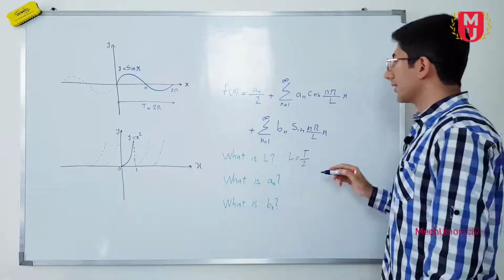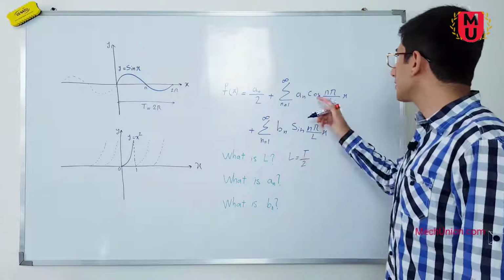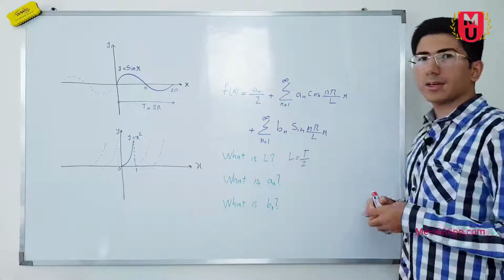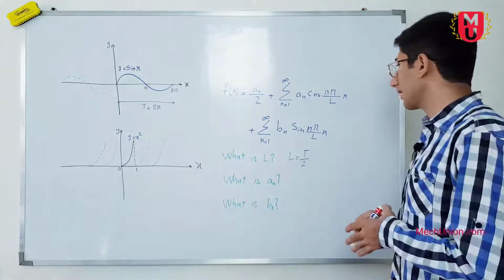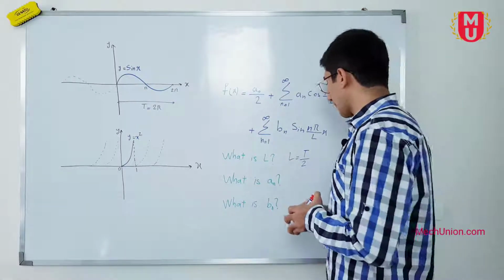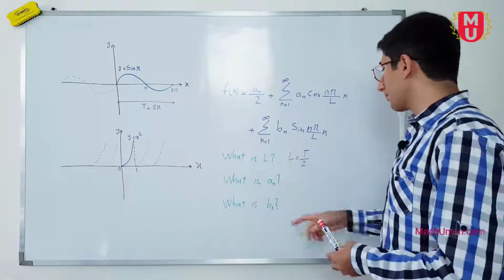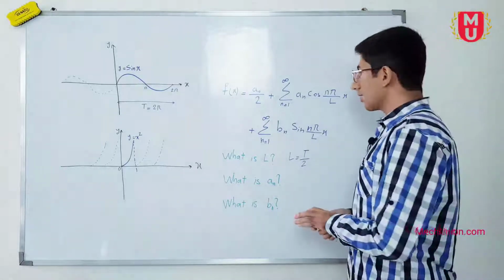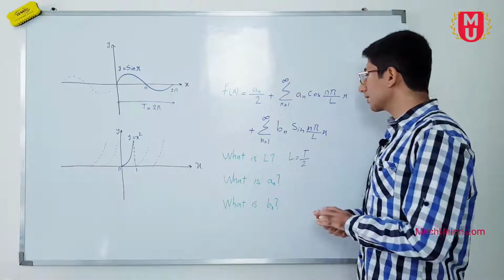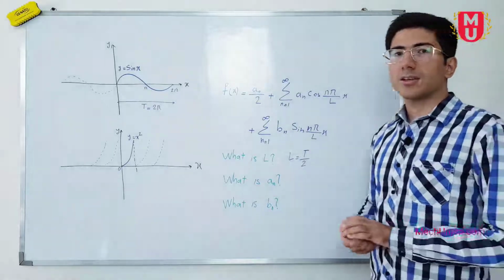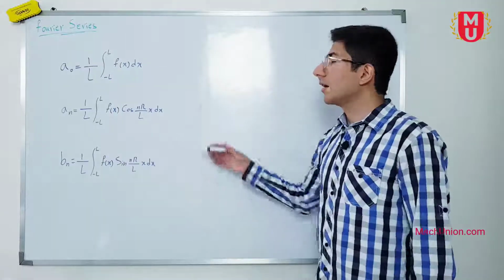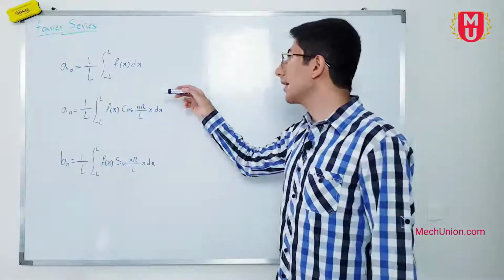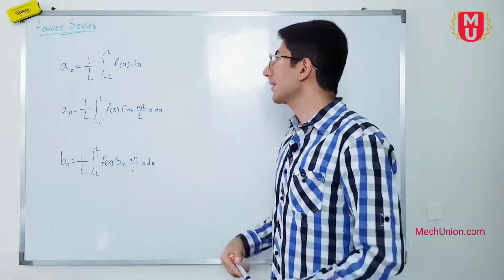What is an? An is the coefficient of cosine, and we will have an equation for that to find it. And bn also is a coefficient of sine. Also, we will have an equation for that. I write them down, the a naught, an, and bn.